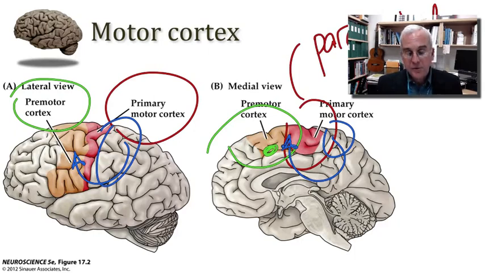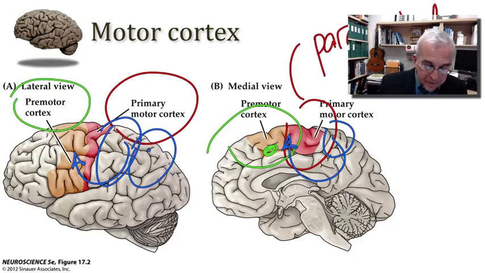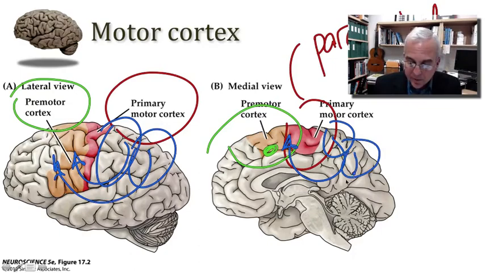In addition, there are projections from the more posterior parts of the parietal lobe that are processing information about visual spatial relations. Recall that WARE pathway that was processed and elaborated in the posterior part of the parietal lobe. This part of the parietal cortex likewise sends inputs that are relevant to the guidance of movement.